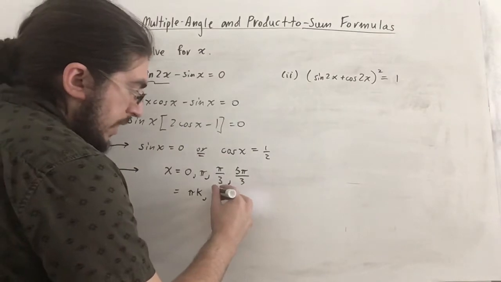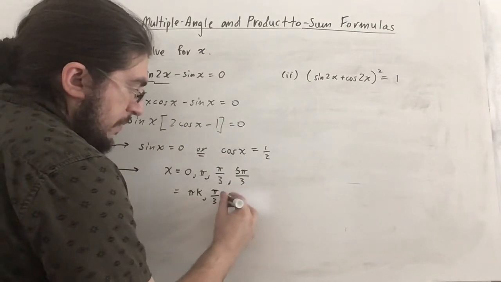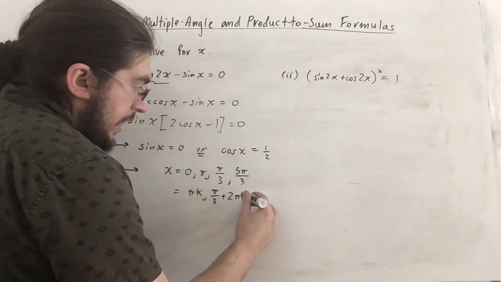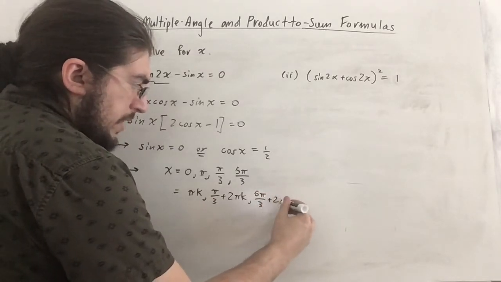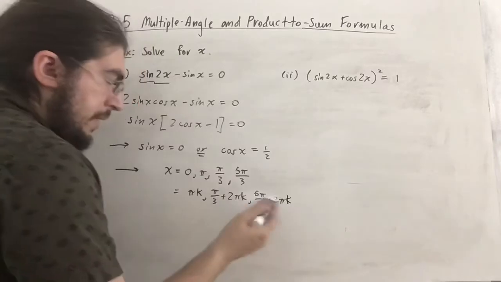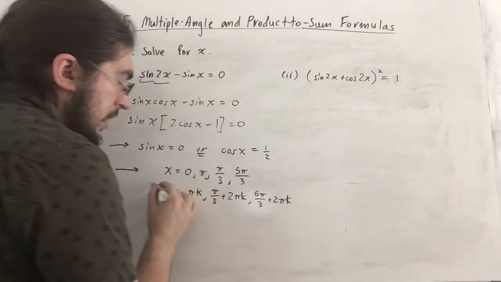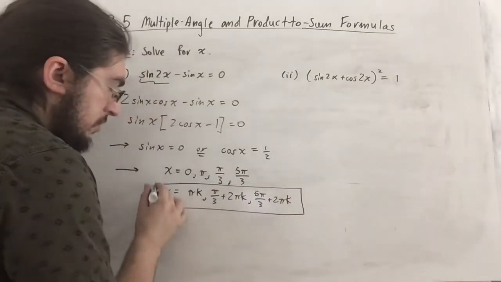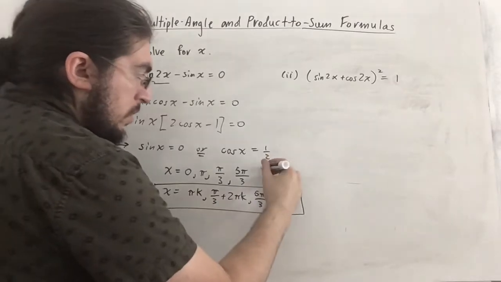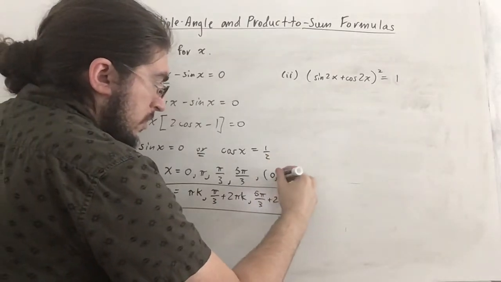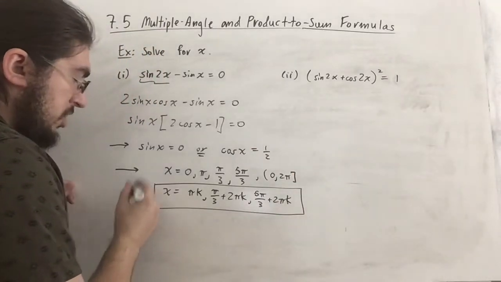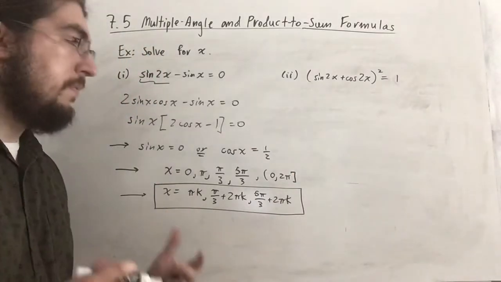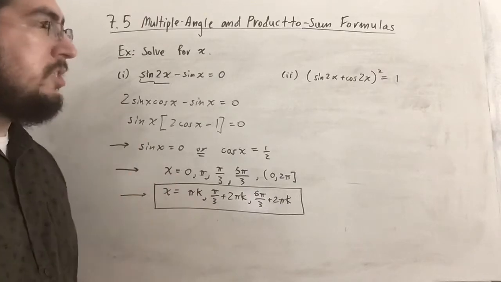And then here we'll get pi over 3 plus 2 pi k and 5 pi over 3 plus 2 pi k, where k is an integer, meaning positive or negative whole number, and this right here is the general solution. So this solution is within one rotation of the unit circle, if you will, and here this is a general solution. Good. So now 1 wasn't too bad.